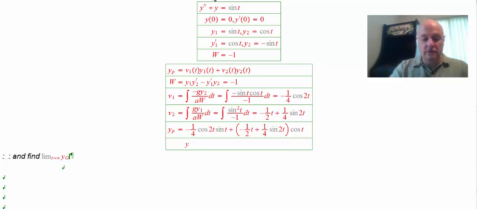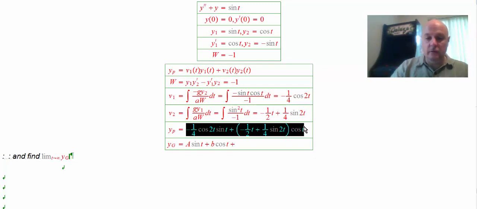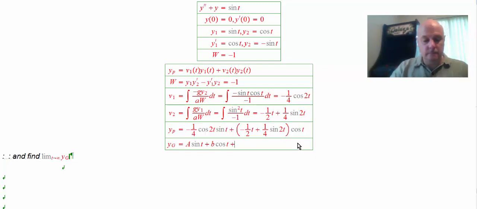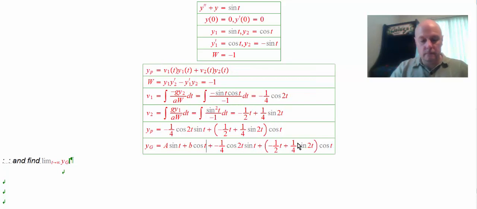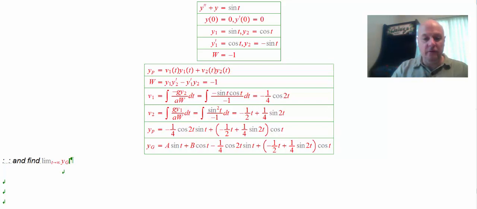So our general solution is going to be the homogeneous solution plus the particular solution. It's only now at the end that I use the initial conditions to figure out the constants A and B, C1 and C2. I think I call those K1 and K2.